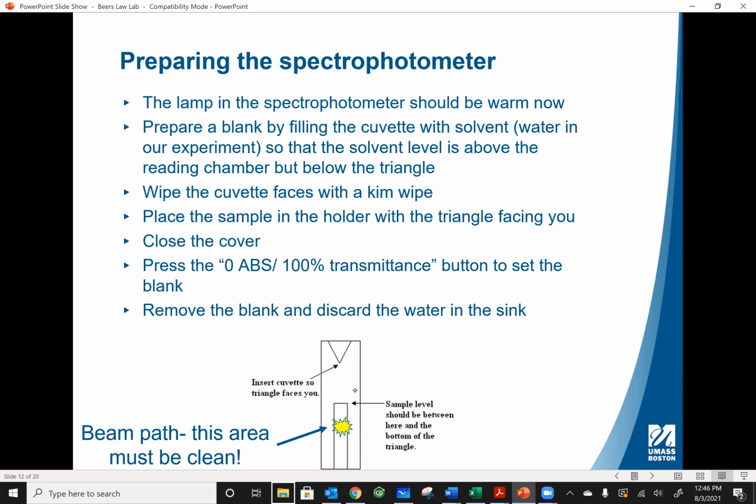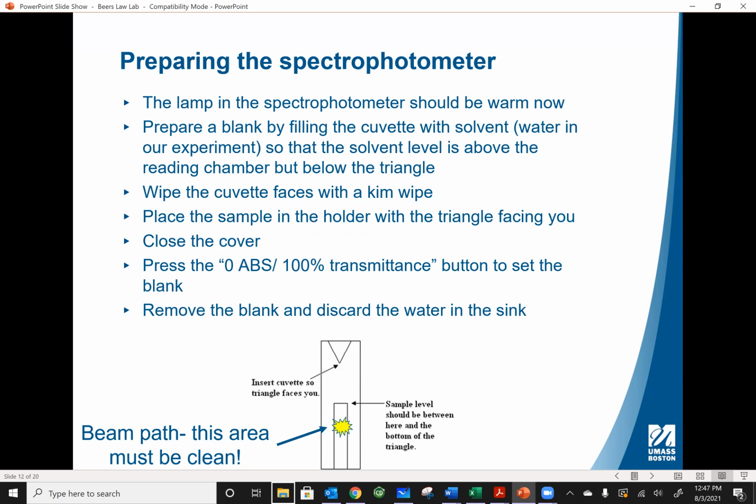We would wipe the cuvette down to make sure that there's no lint, no dust, no fingerprints, and we would place that cuvette in the spectrophotometer and take our absorbance reading. Those absorbances are going to be used to find the lower limit of detection. And so Amy will go through that in the video.